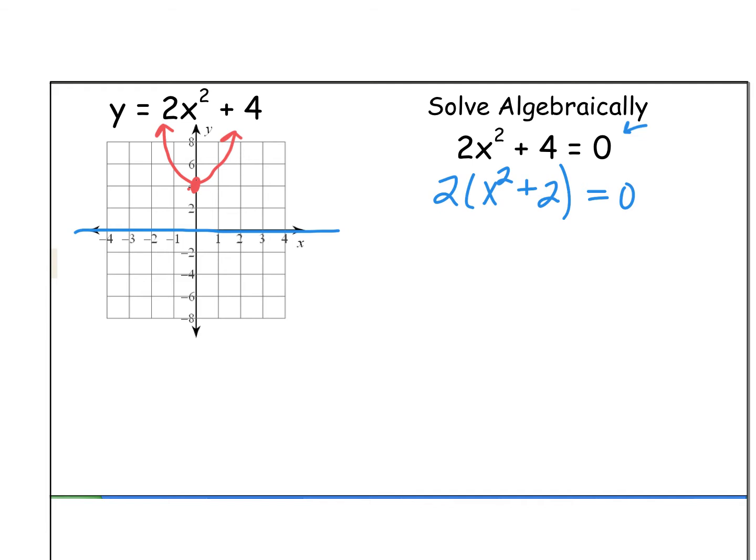Then, setting the factors equal to 0 using the zero product property, x squared plus 2 equals 0, so x squared equals negative 2, and that's what we were just talking about, right? There's no real way to get a number times itself to equal a negative number. Let's come back to that, but make the connection right now that the graph shows no x-intercepts and that the equation then has no real solutions.